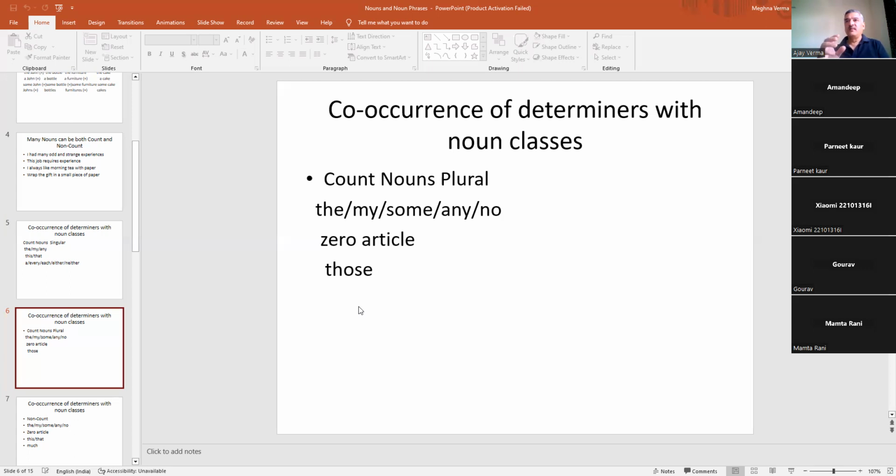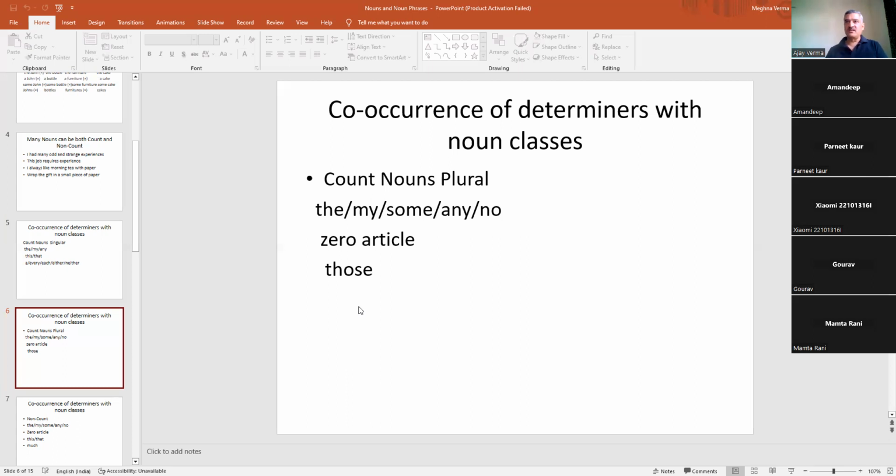It means that any of the possessive adjectives can be used with plural countable nouns, as can some, any, no, and plural countable nouns can also be used with zero article. That means without a and the, on their own.